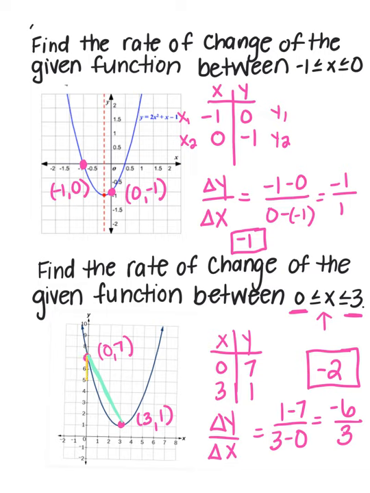So that means I'm going to go down 2, right 1, down 2, right 1, down 2, right 1, and it lands at my other end value of that interval. The same situation happens with the other one. Looking at my rate of change between those two points, it's -1. So -1 over 1 means I'm going down 1, right 1, down 1, right 1.